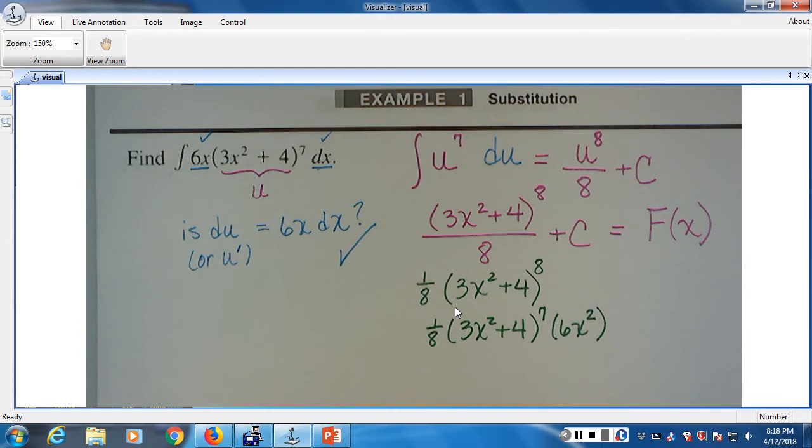So something disappeared. It should be 6x. Yeah. But something still, we have to figure out where that went.